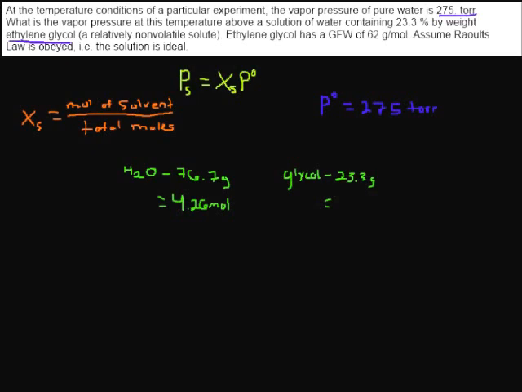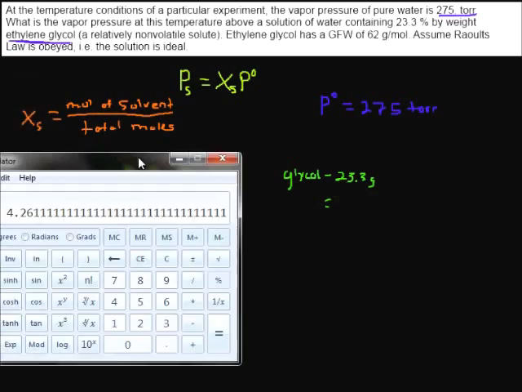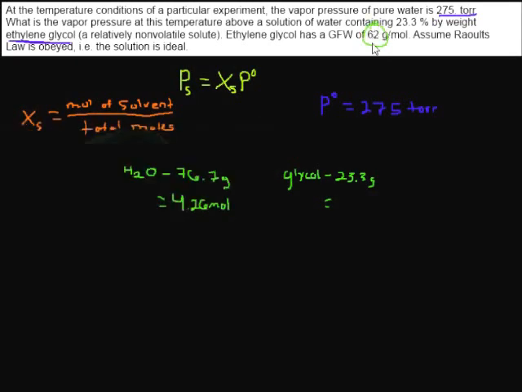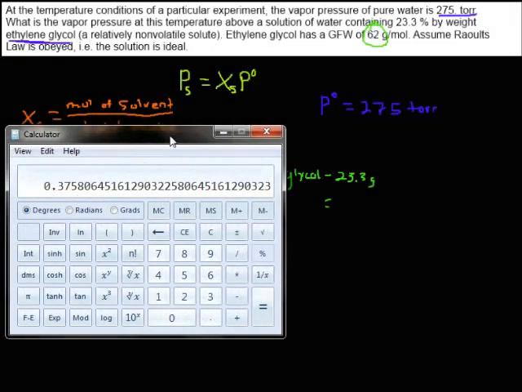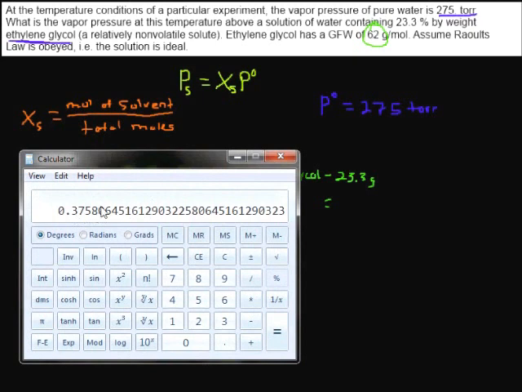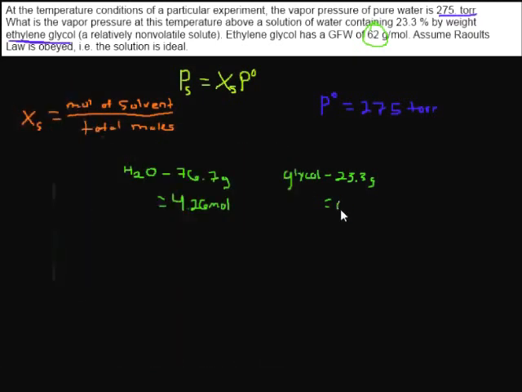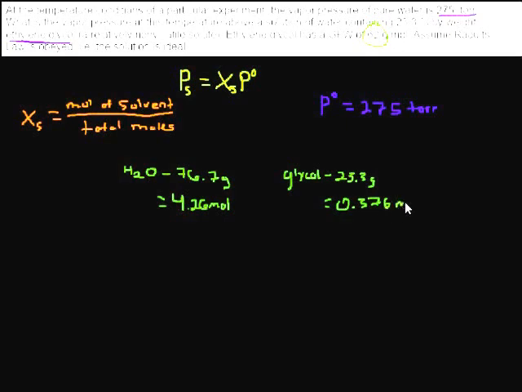Okay, now we know the molecular weight of this, it gives it to us here, 62 grams. So 23.3 divided by 62. That's how many moles there are. 0.376 moles. We're almost there.